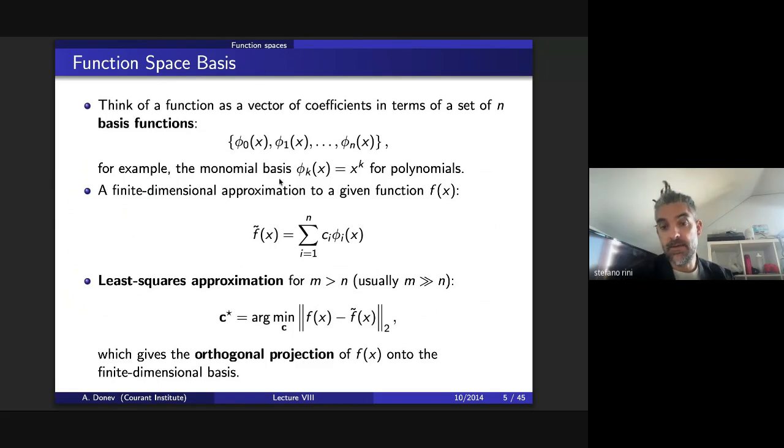Whether the basis function is orthogonal or not, we can still consider the functional approximation problem, in which we are given a certain function, and we build the function as a weighted linear sum of the elements in the basis, and then we will set up a least square approximation.